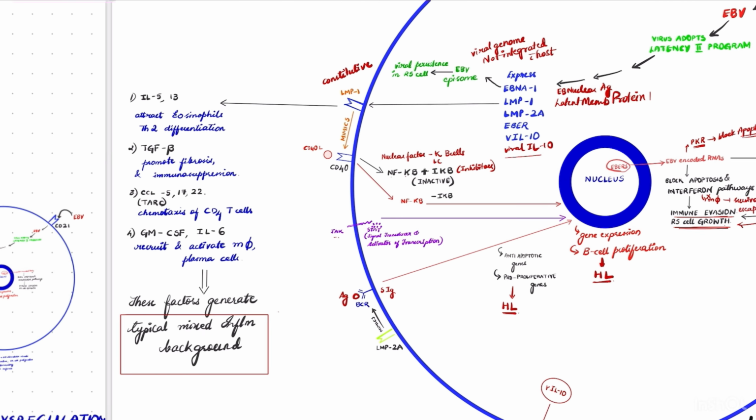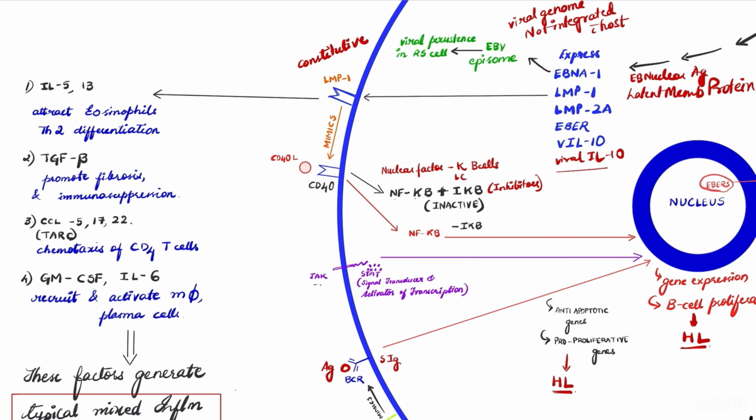Also, the LMP1 here has an additional function to create a tumor microenvironment. It will support itself by creating a friendly atmosphere around itself. It has to thrive, it has to survive. It will create an environment in such a way that it can flourish.